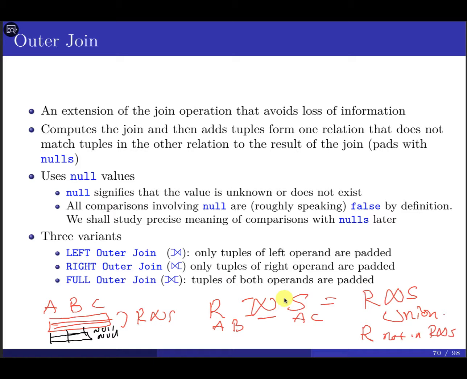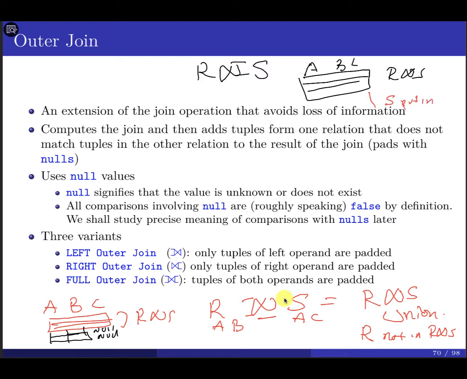And for the right outer join, you perform the same thing. Just say R right outer join S. In this case, for example, we have A, B, C, the set of attributes from R natural join S. Then after that, you include the tuples that belong to the relation S, not in R natural join S. So in this case, we have A and C. What about B here?